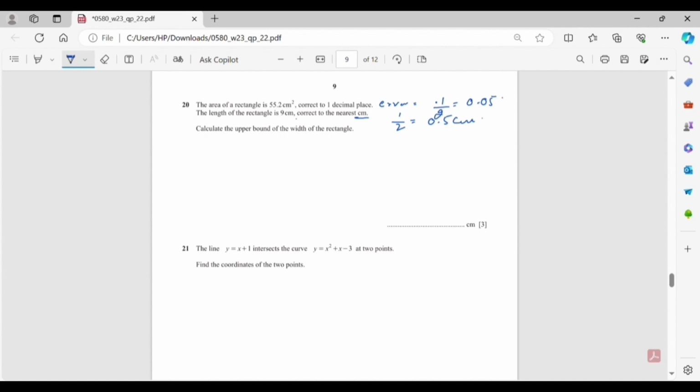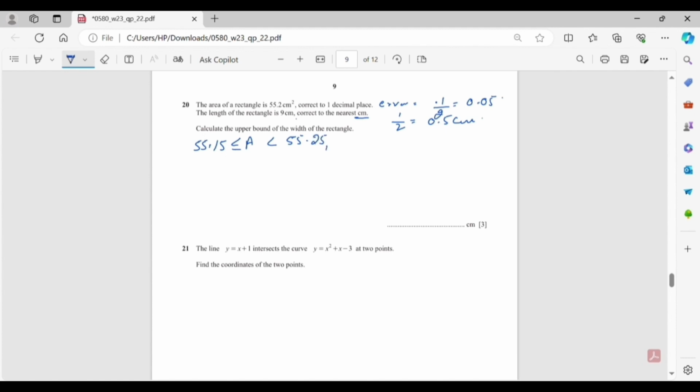Right? Now first find the area. Here the lower bound is greater than or equal to 55.15 and less than 55.25.